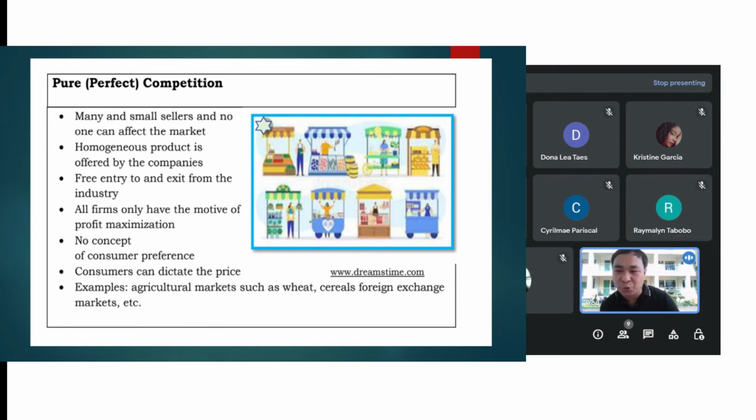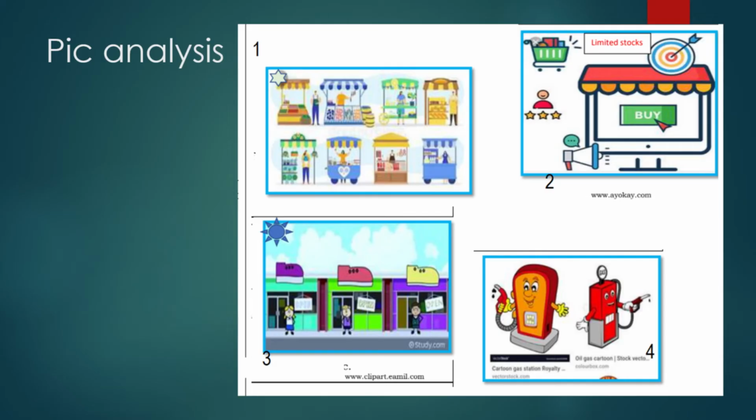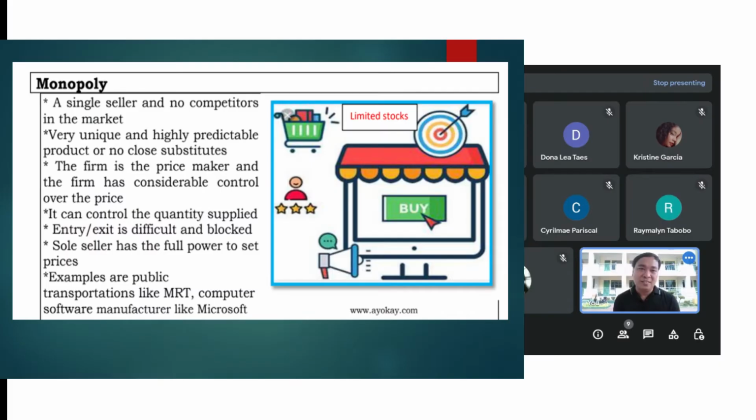How about the second picture? Anyone from the class who could identify? Yes, come on. So it's monopoly po. It's monopoly. Let's check. Very good. It's a monopoly.